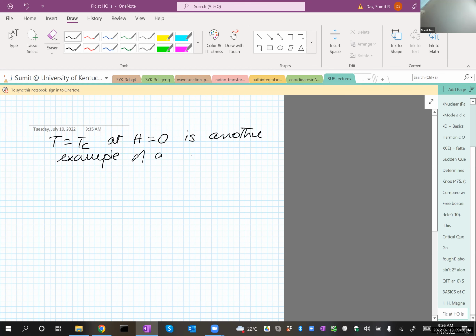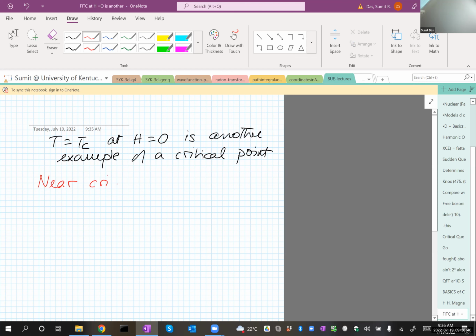And one of our aims of this lecture would be to understand, for example, why these two very different systems, like the liquid gas system and the magnetic system, behave very similarly near the critical point. So this is what we would like to understand.